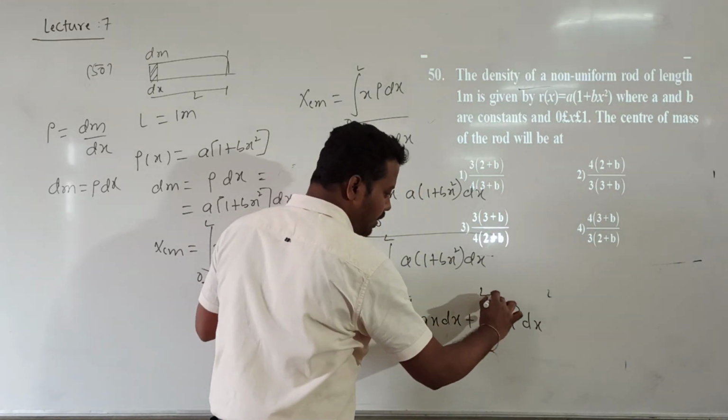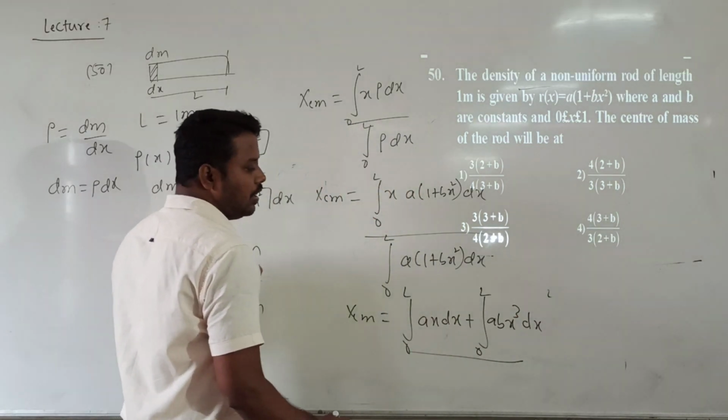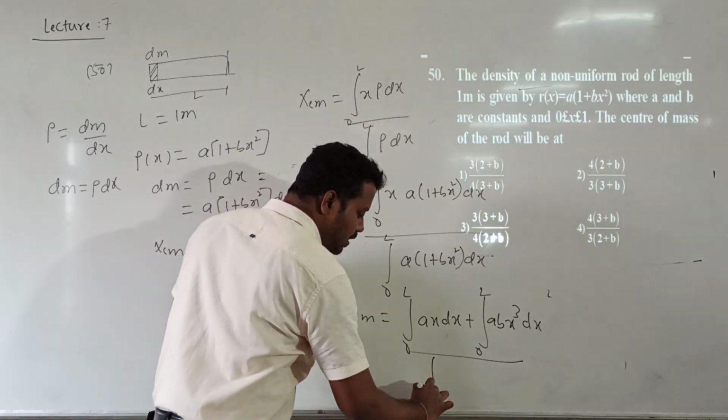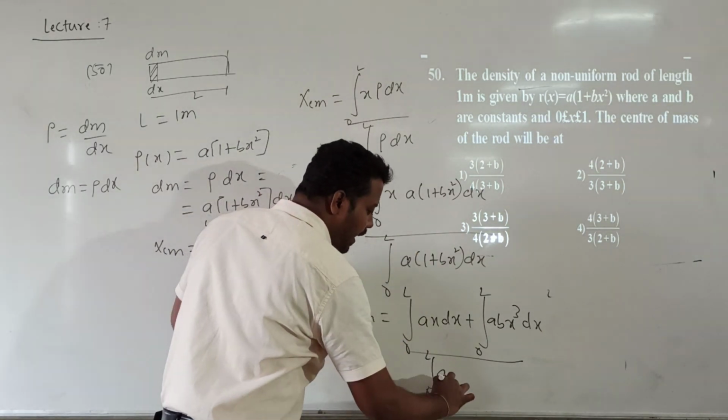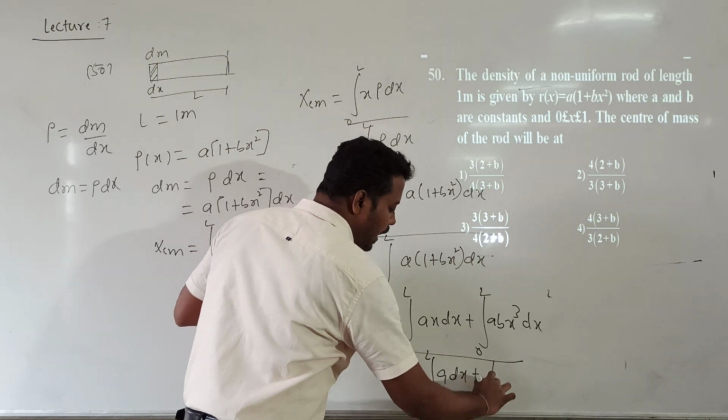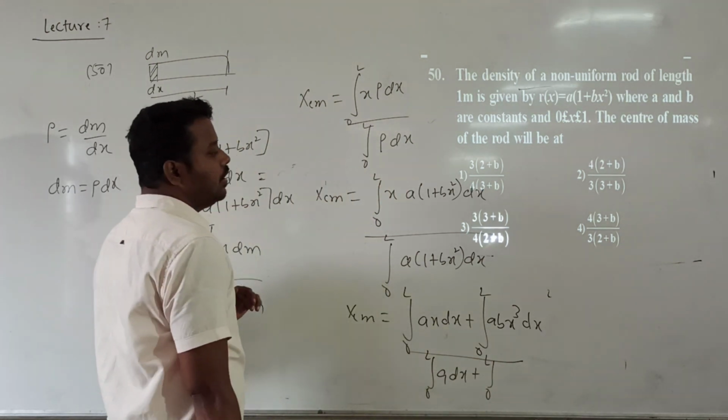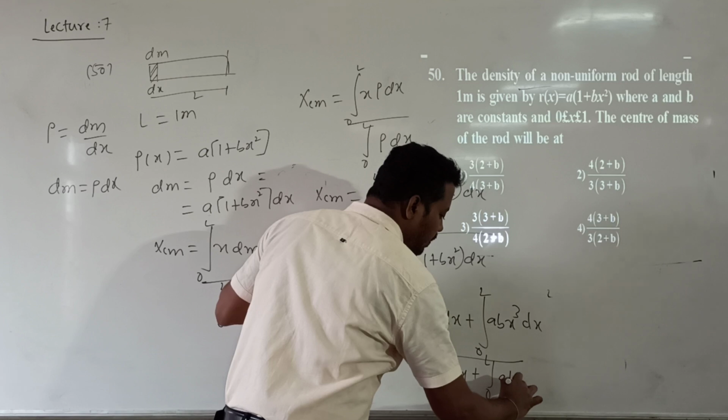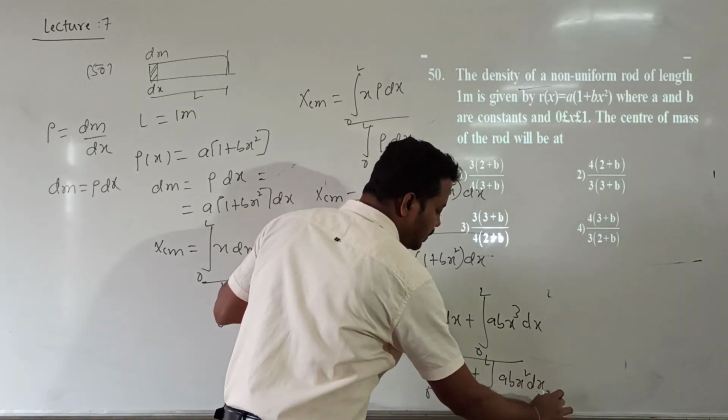Integration limits are 0 to l. The denominator is also the same: integration 0 to l of a into dx plus integration 0 to l of ab into x square into dx.